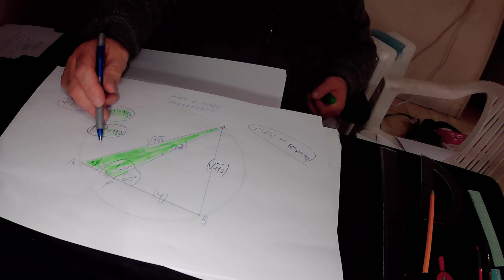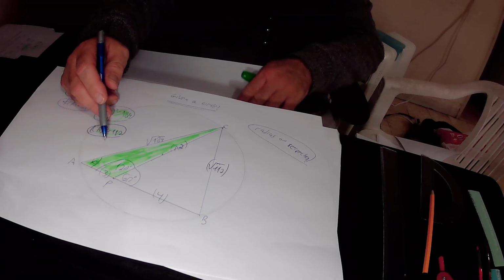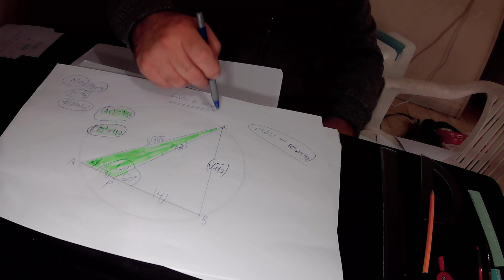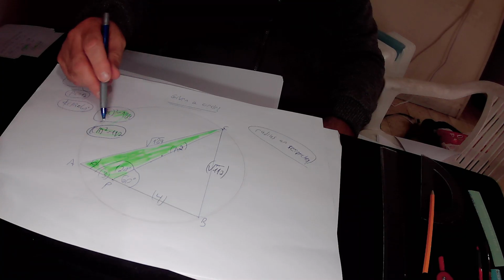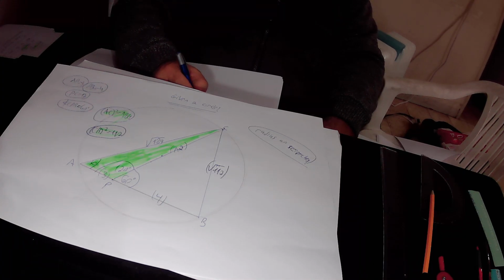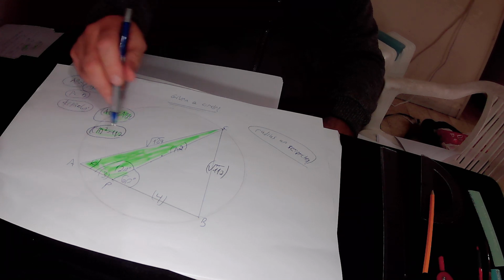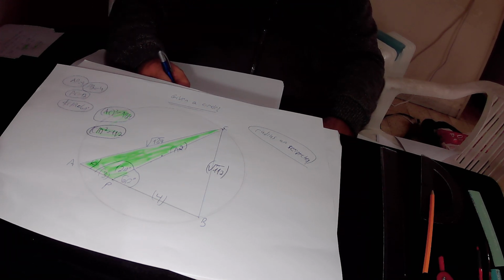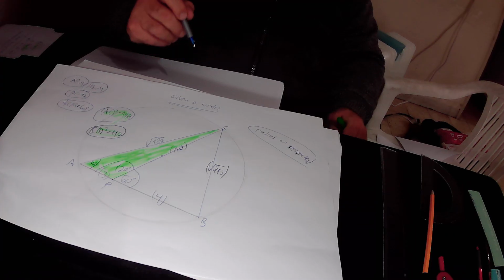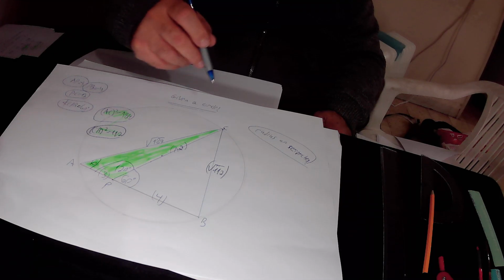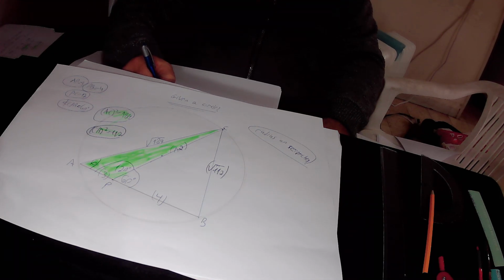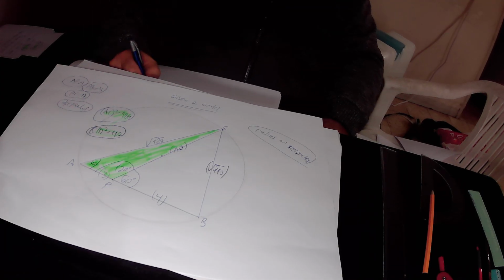So in the big triangle ABC, according to the law of cosines, CB squared equals CA squared plus AB squared minus 2 times CA times AB times cosine alpha.